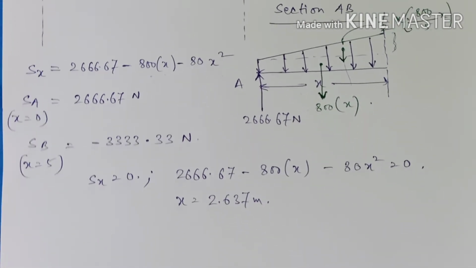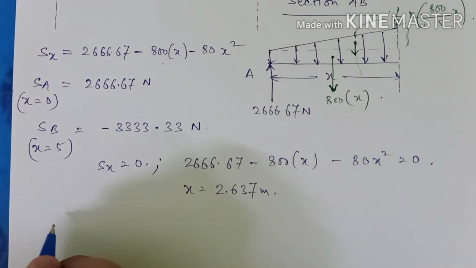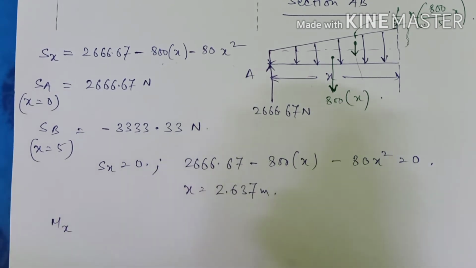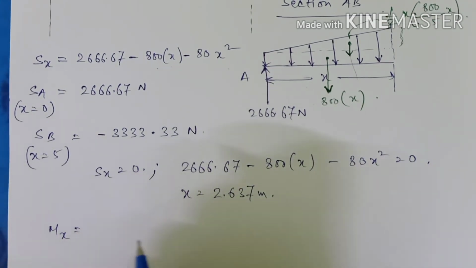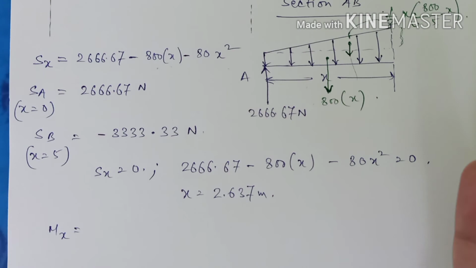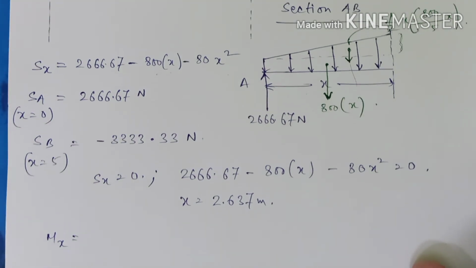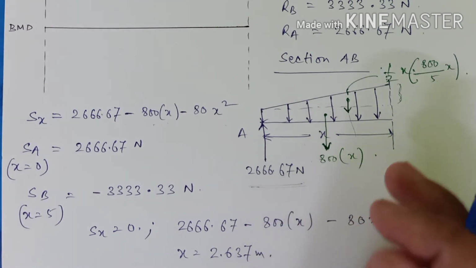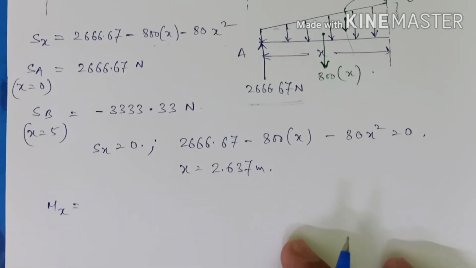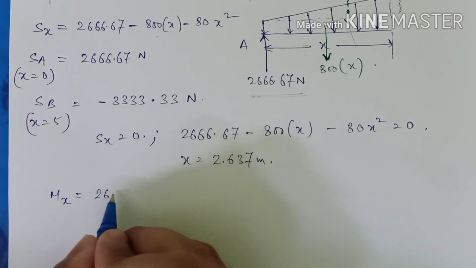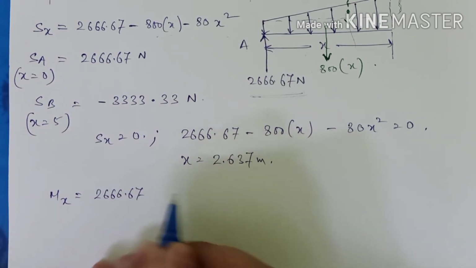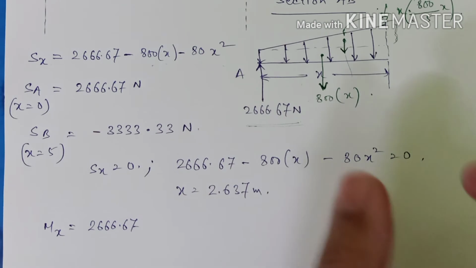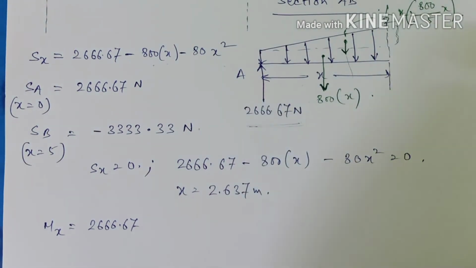So the bending moment Mx will be equal to, by sign convention, sagging moment positive and hogging moment negative. Let us first consider this: it will try to sag the beam, so it will be positive. 266.67 is the force, multiplied by this distance x.